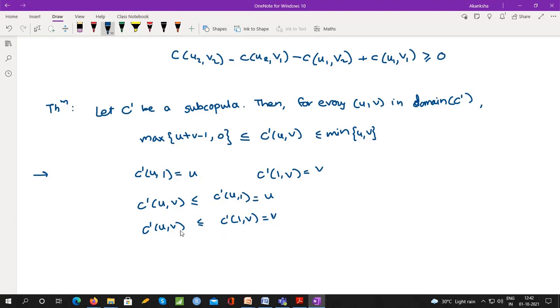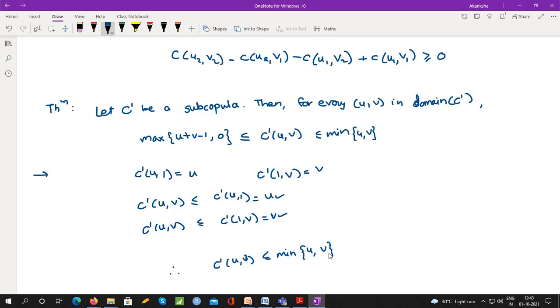Here I am using the fact that the function is increasing in the first argument. So basically C prime of u, v is less than u and it is less than v also. It is less than both of them. Therefore, C prime of u, v is less than or equal to minimum of u and v, because it is less than both of them, it is less than the smallest of them.